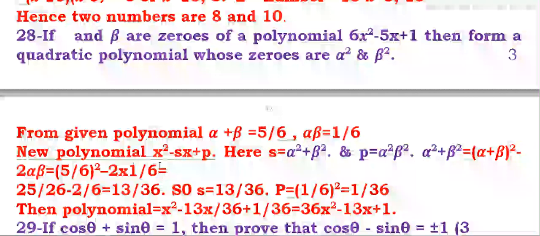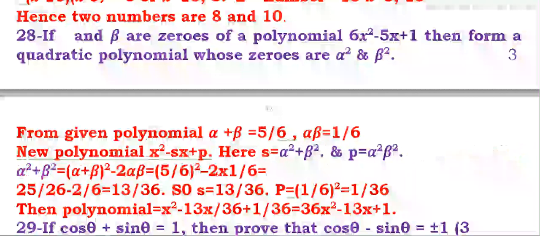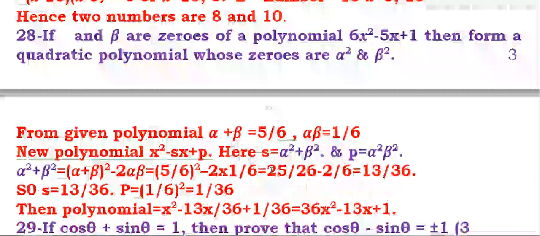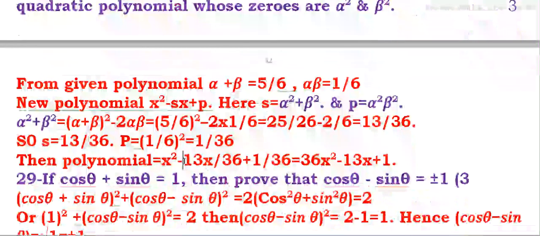By calculating, alpha square plus beta square will be 13 by 36, and alpha square beta square will be 1 by 36. The polynomial will be x square minus 13x by 36 plus 1 by 36. Here multiply by 36, you will get 36x square minus 13x plus 1.